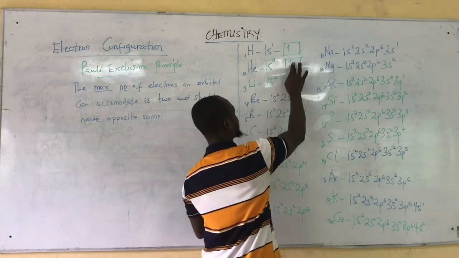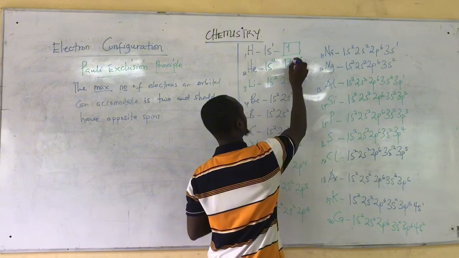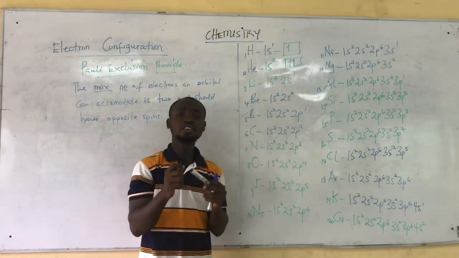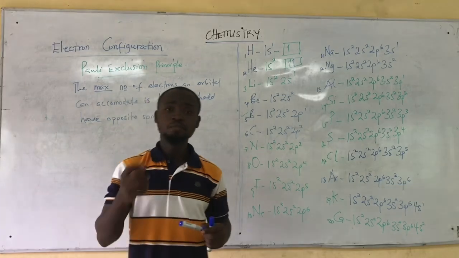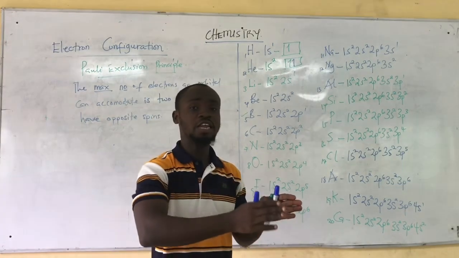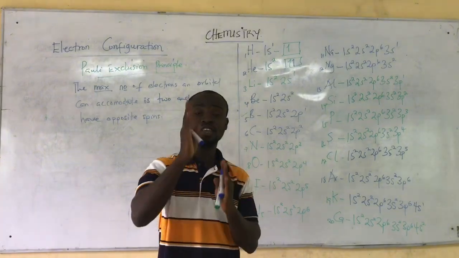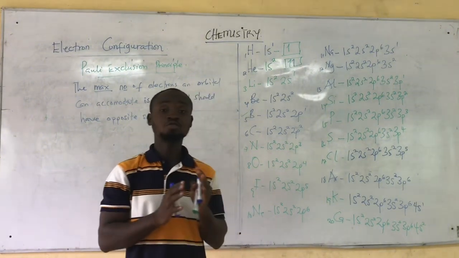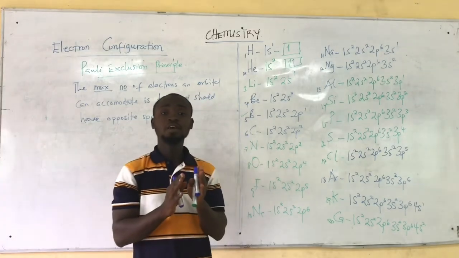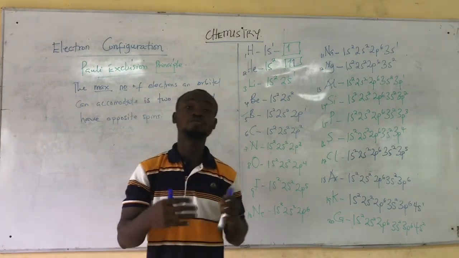The moment I decide to draw the spin in this form, moving in the same direction, it is violating Pauli's exclusion principle. Because Pauli's exclusion principle indicates that we should also show the spin of the electron, but it should be in opposite direction. So once it is in a parallel direction, the Pauli exclusion principle is violated.